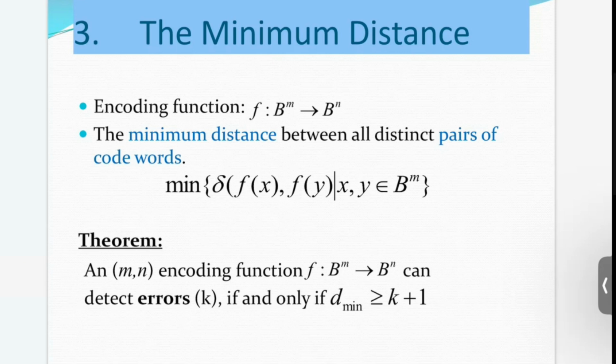An (m,n) encoding function f from B^m to B^n can detect k errors if and only if the minimum distance is greater than or equal to k plus 1. So from this expression, you can say that the minimum Hamming distance between any two of its code words is at least k plus 1.